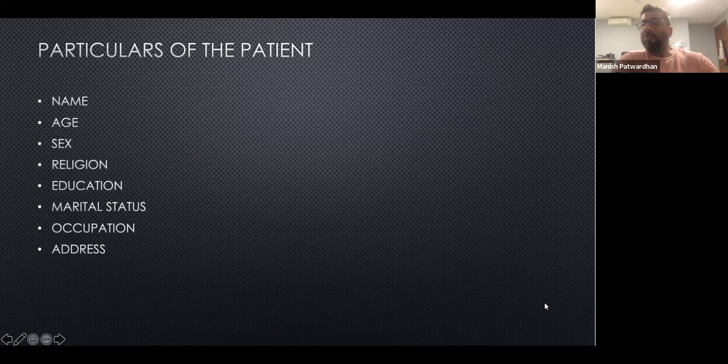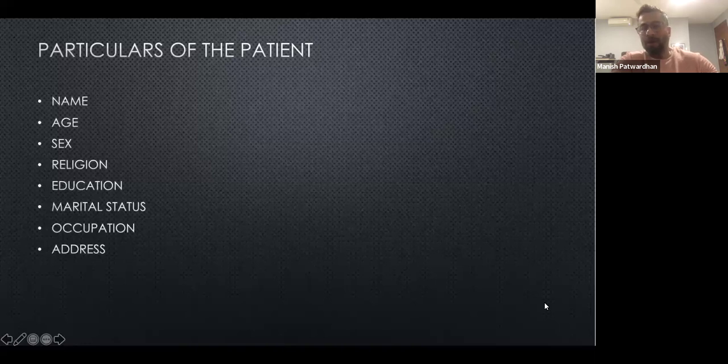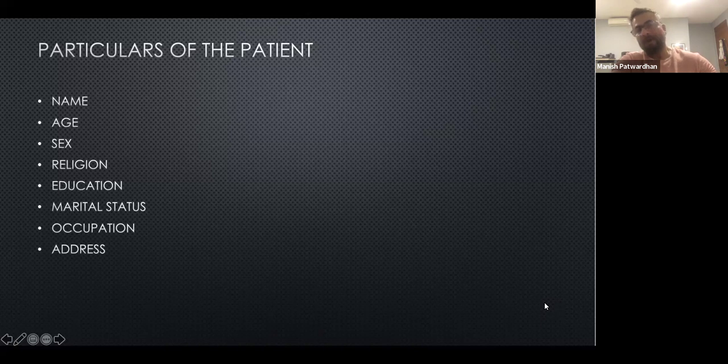In women, age will play a vital role, because age will define certain conditions, whether this is an age of menstruation, the age where the woman is fertile, the age where the woman is undergoing menopause, or the age where the lady has stopped menstruating and stopped having the chances of having babies also. So that is the reason you ask questions.